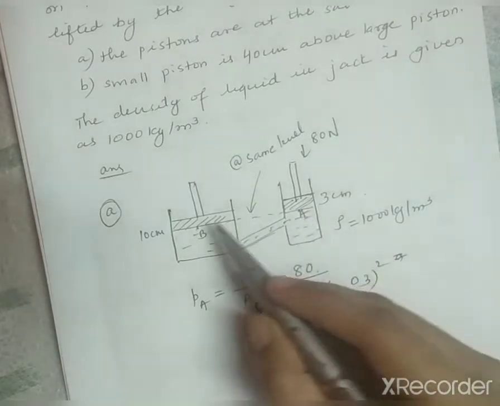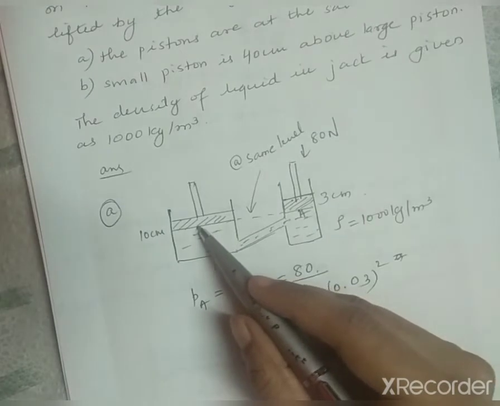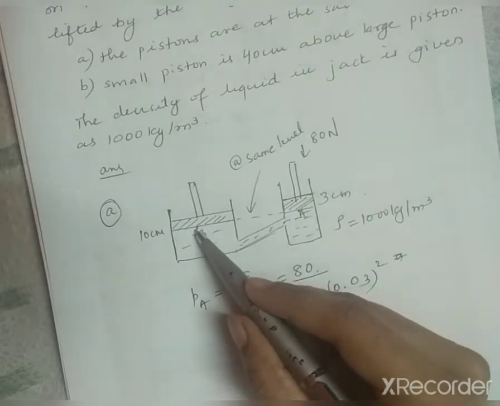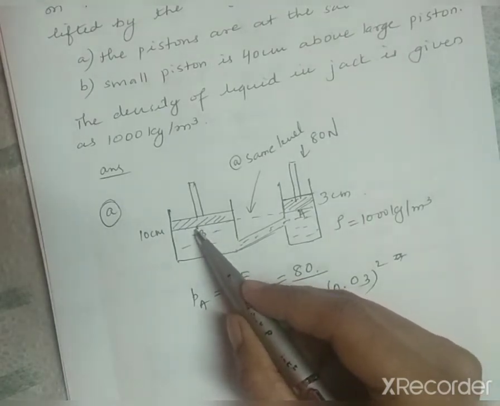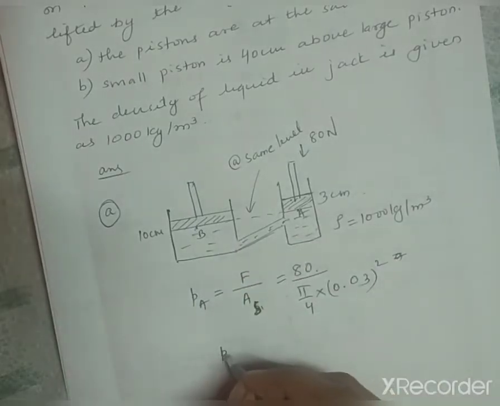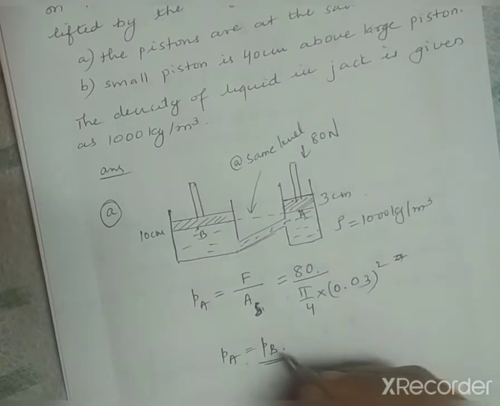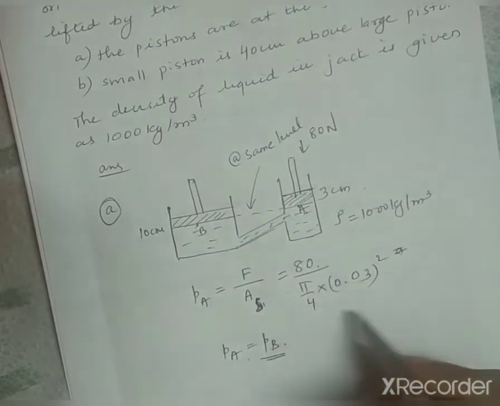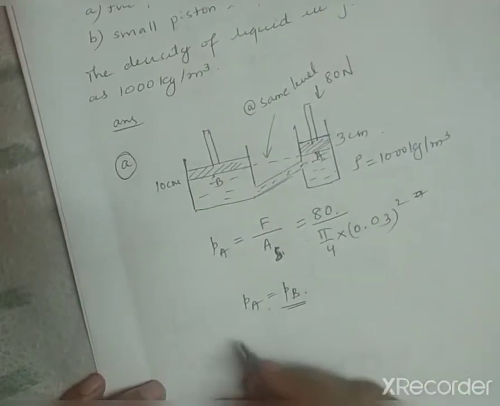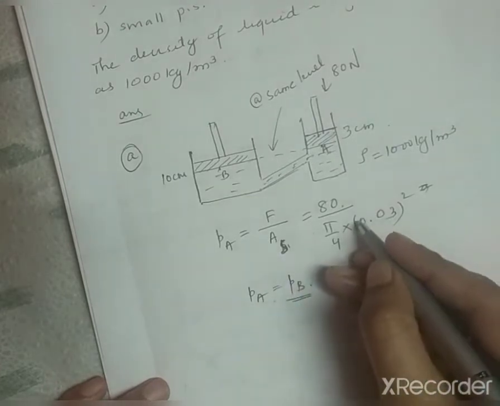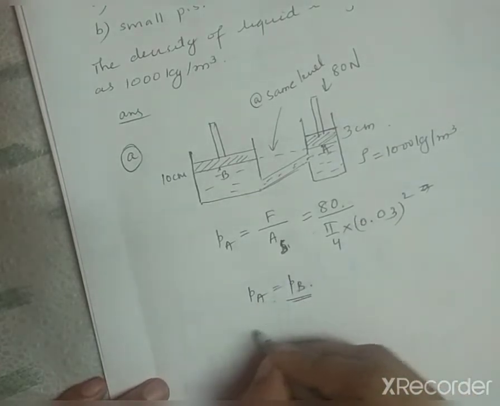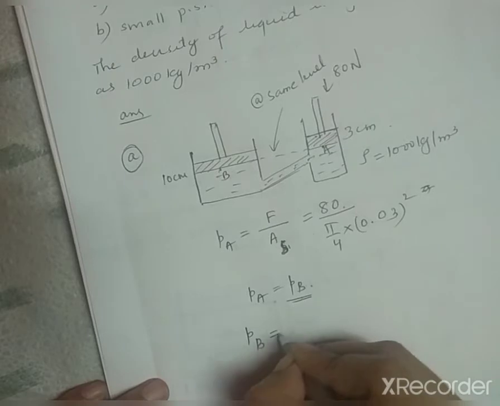Now the question is you have to find out the force at the larger piston due to the pressure intensity. So you know that PA is equal to PB. So for PB you can take the value as this only.